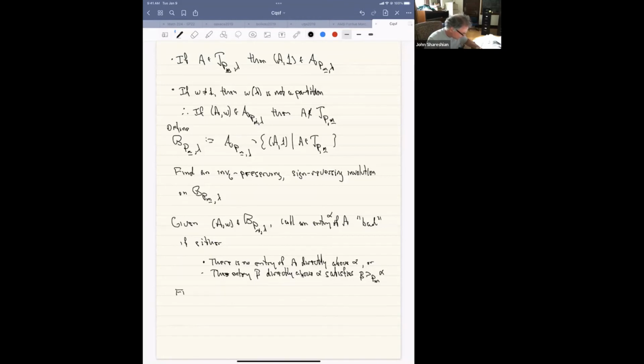Find the leftmost column C in A containing a bad entry.